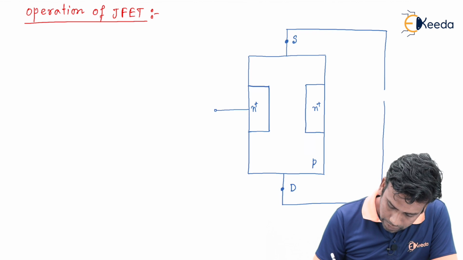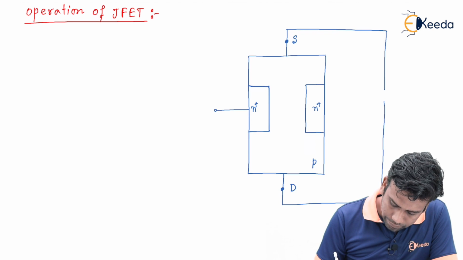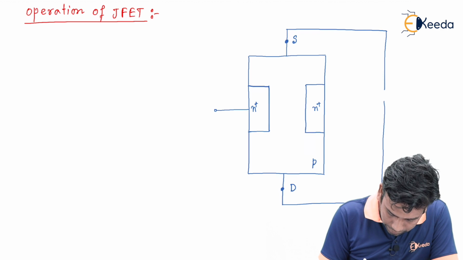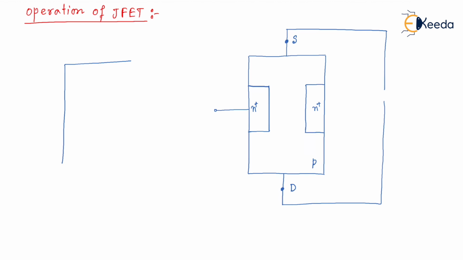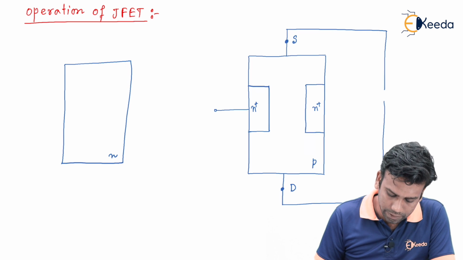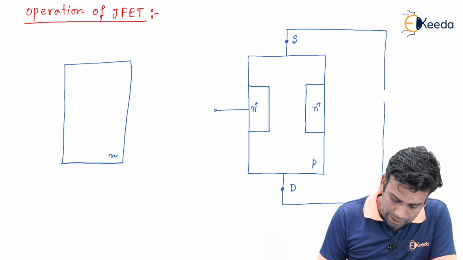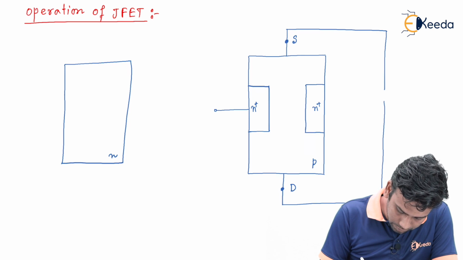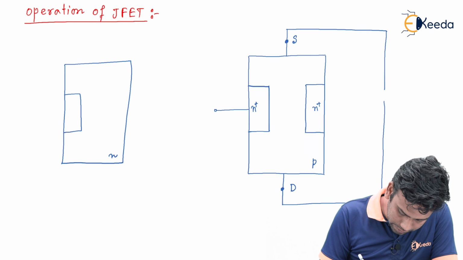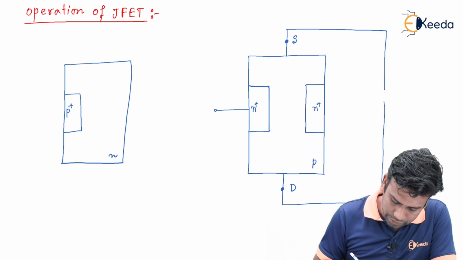Here the P channel is there for the P substrate, so we can also take an N substrate, and in this N substrate we have to dope a highly doped P plus region.